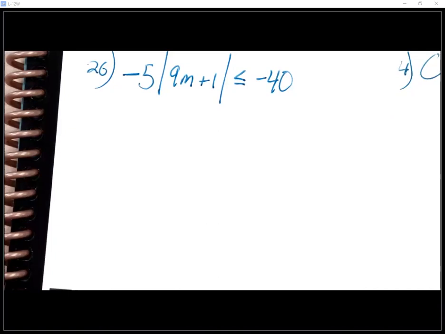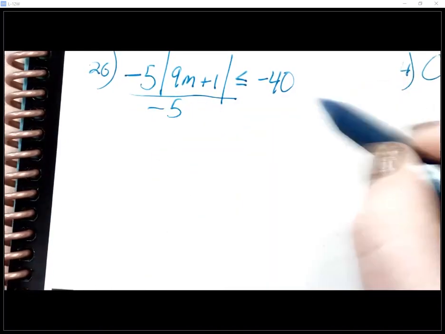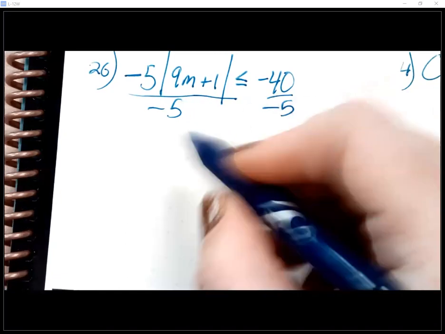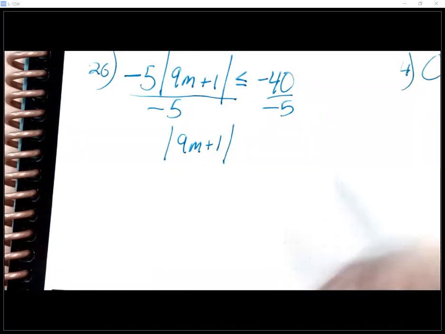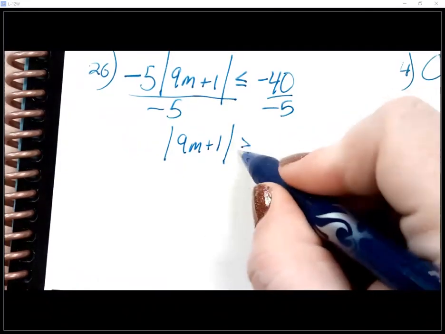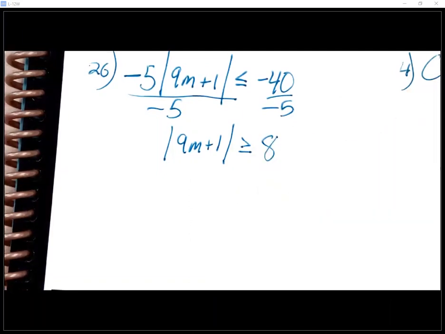What does my very first step have to be? Exactly, I got to get the absolute value by itself. So in order to do that, I'm going to divide both sides by -5. Do I have to do anything special because I just divided by a negative? Yeah, you sure do. So already that symbol's getting flipped over and I get a positive 8 on this side. All right, step 1 is done.